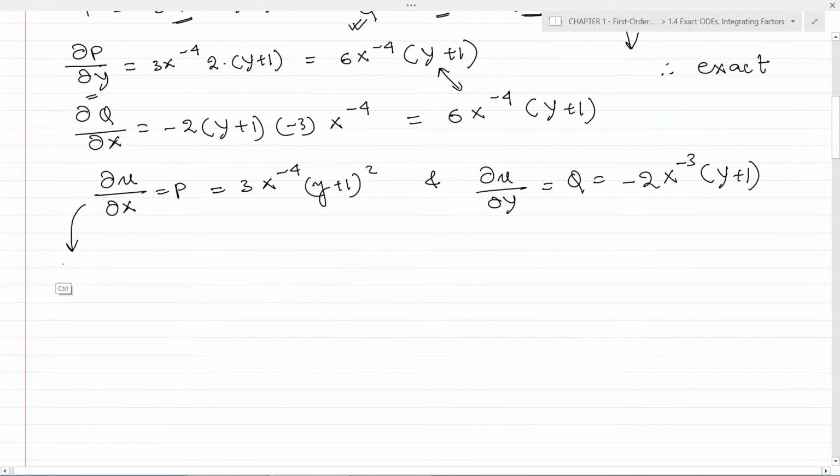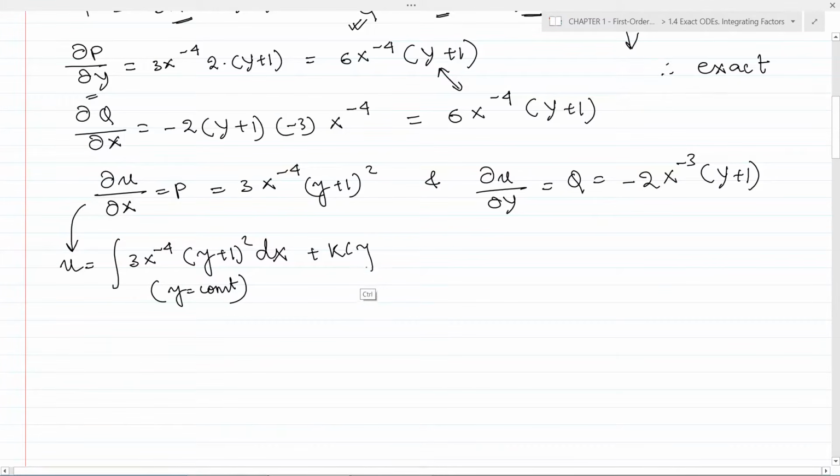Now, from here we can write u equal to integration of 3 x to the power minus 4 whole into y plus 1 whole square dx, but while integrating we will take y equal to constant, plus k of y, because this is a partial derivative, that is why we are taking y equal to constant, and the constant of integration is k of y. Now, if y is a constant, this y plus 1 square term will come out of the integration, also the 3 term.